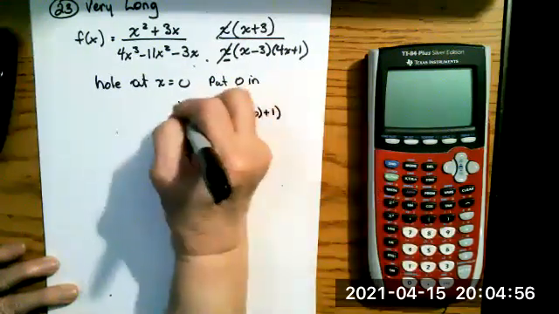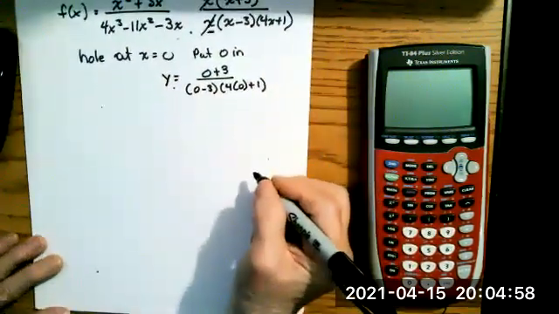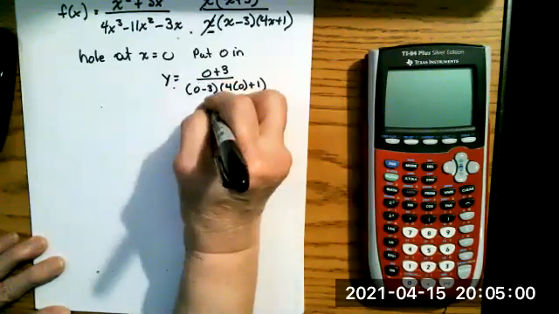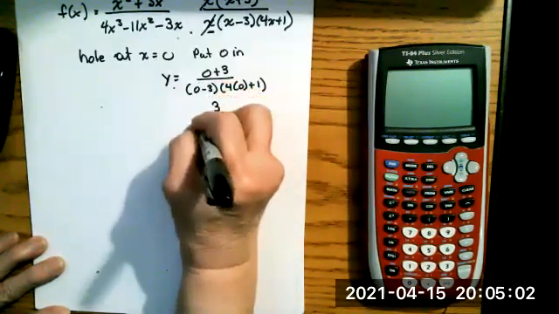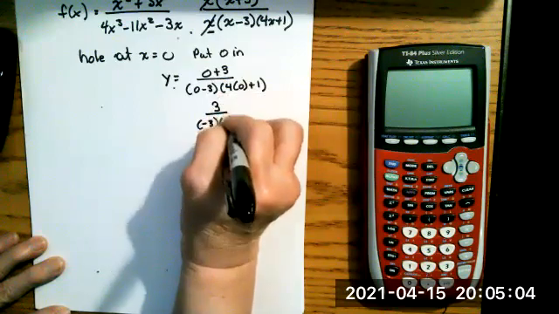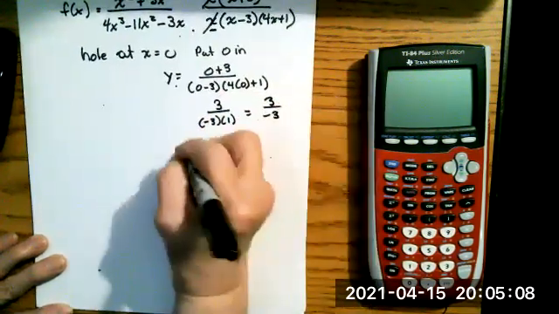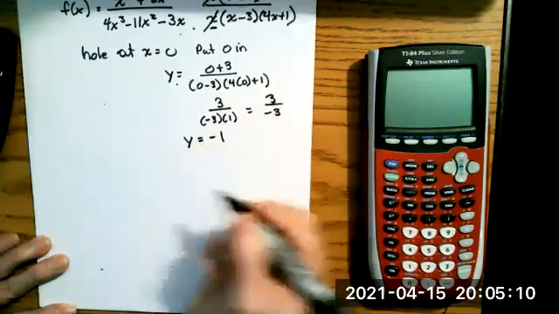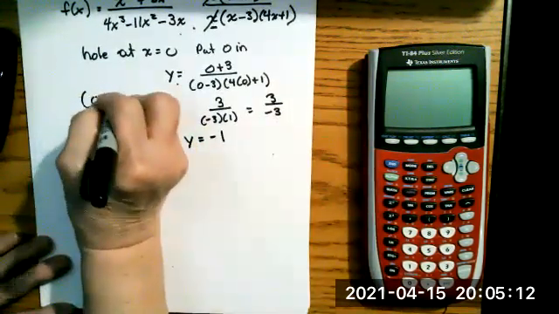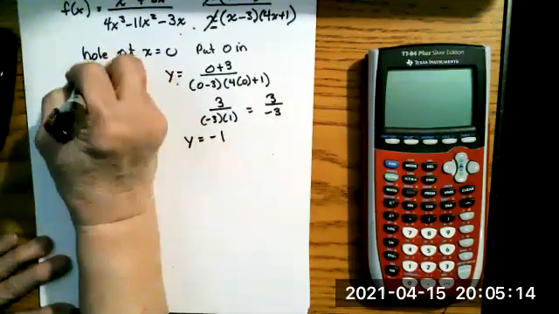This is the y value of the hole, which gives me 3 over negative 3 times 1, which is 3 over negative 3, which is y equals negative 1. There's a hole at 0, negative 1.